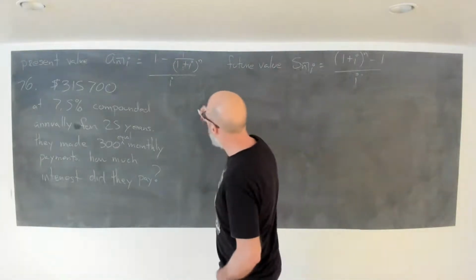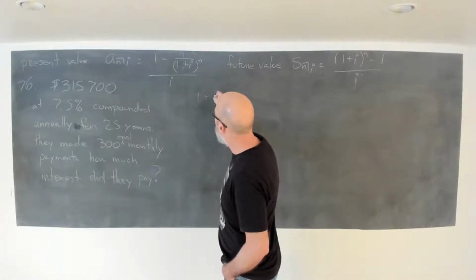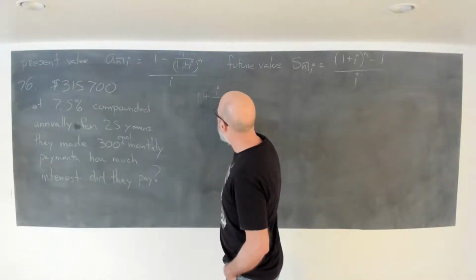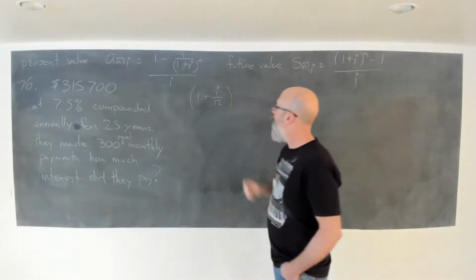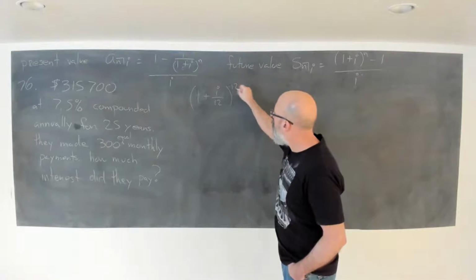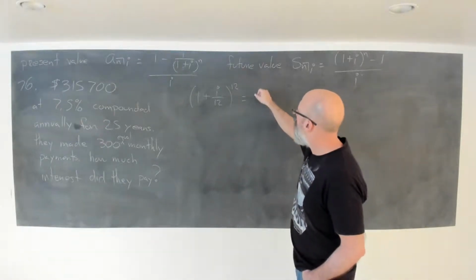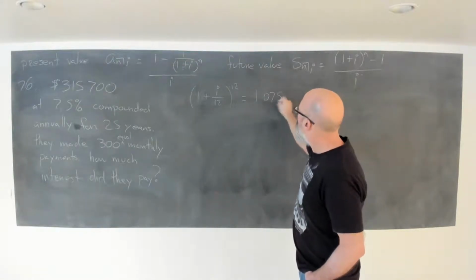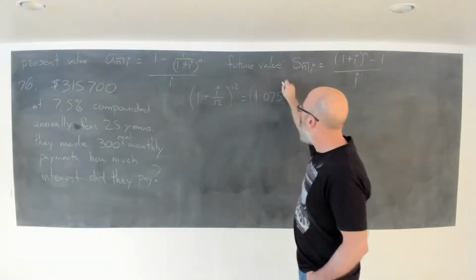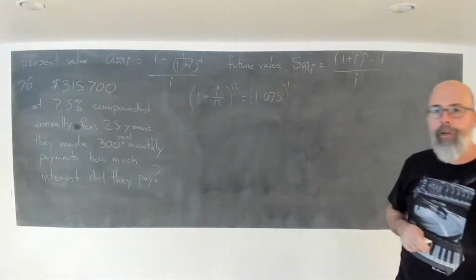If you put $1 in the bank at some rate i compounded monthly for a year, that should give you the same amount as if you put that $1 in at rate 7.5% compounded annually.